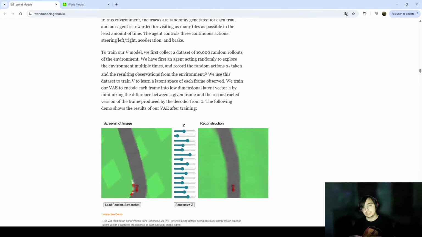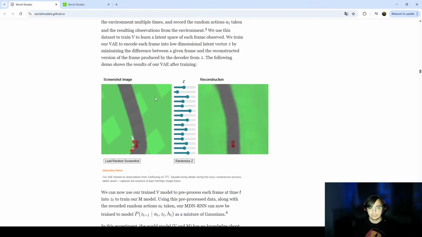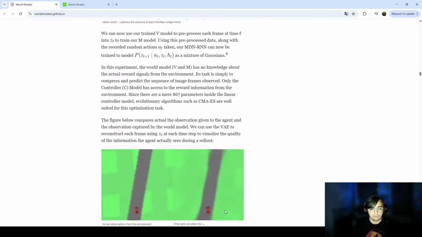And working with such a low dimensional space is actually a little bit easier than working with big dimensions. And we are 100% sure that we didn't lose any valuable information for our task here. So this was the original idea behind these world models.